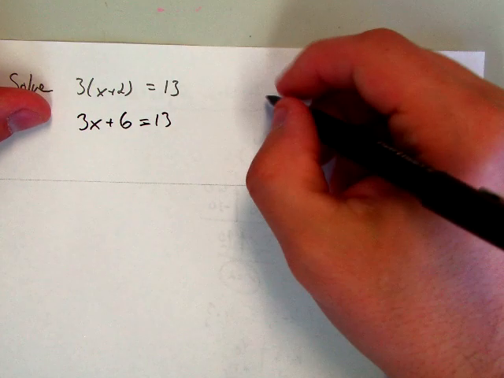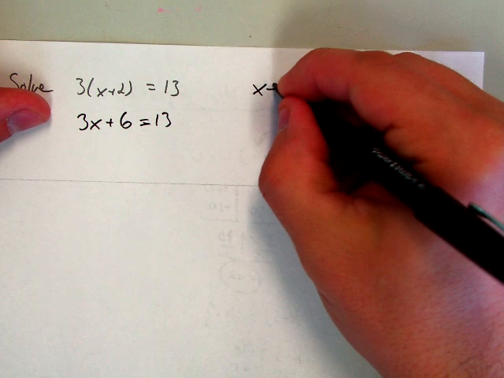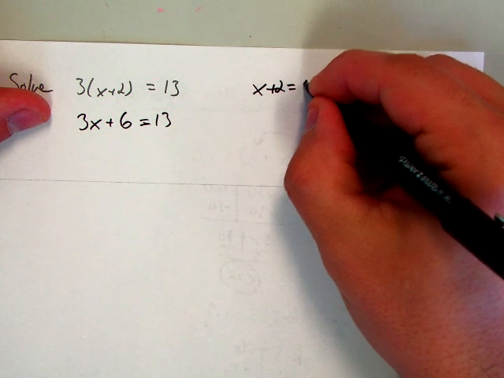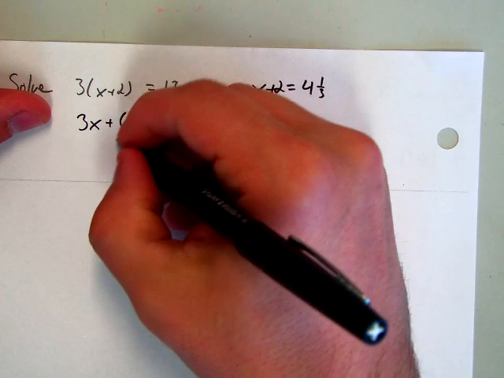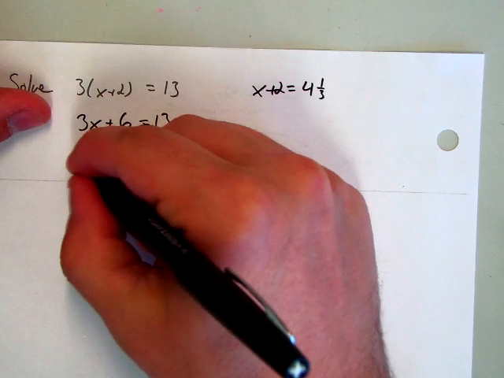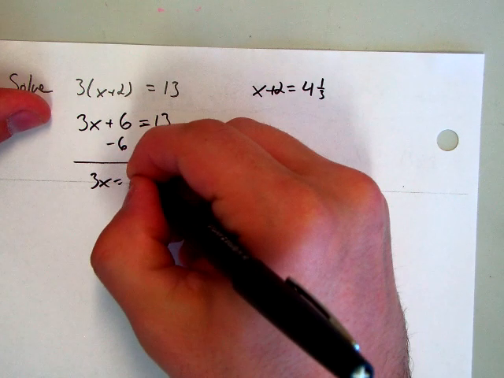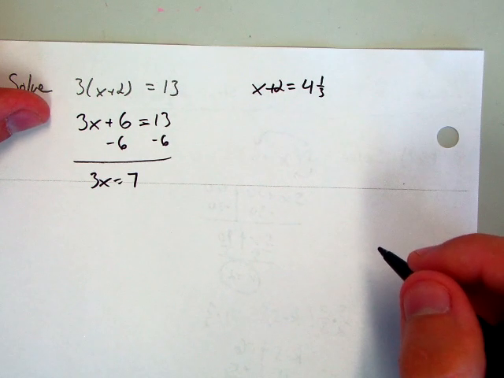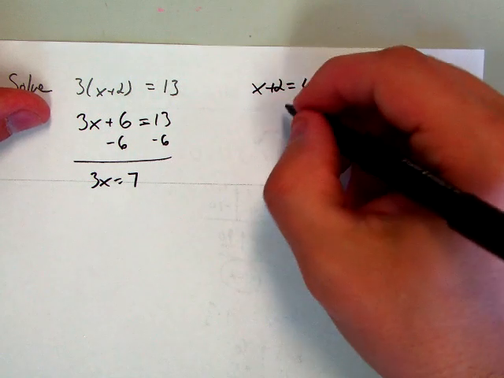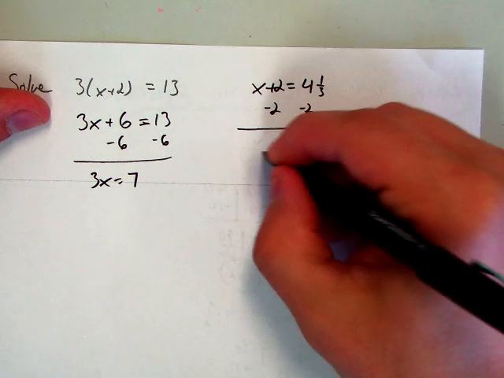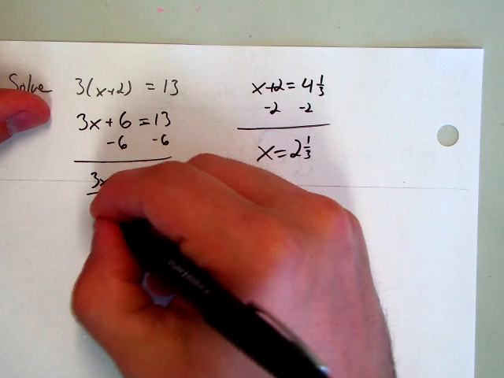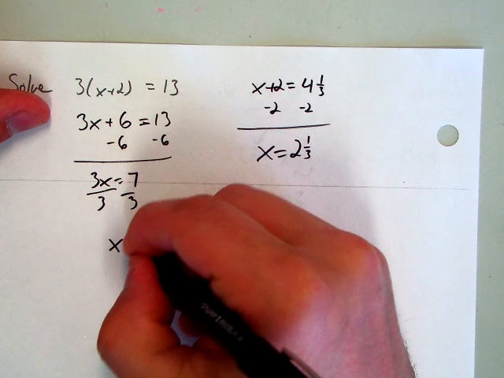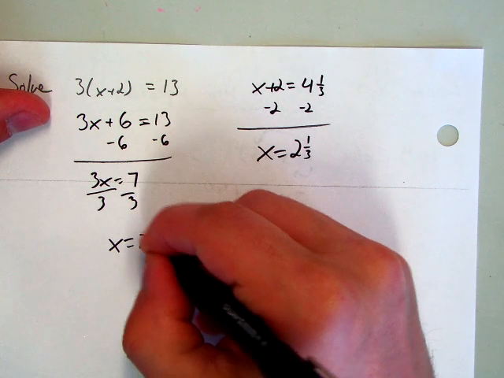If you wanted to divide both sides by 3, you'd have x plus 2 equals 4 1/3. Subtract 6 from both sides, we get 3x equals 7. Here we'd subtract 2 from both sides, and I get x is equal to 2 1/3. I'd get the exact same thing here, x equals 2 1/3.